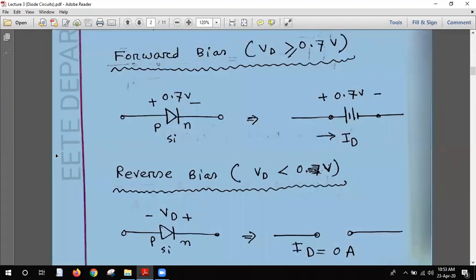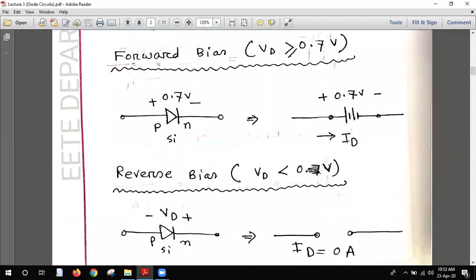So now you can see the forward bias and reverse bias conditions. In forward bias, the voltage will be greater than or equal to 0.7 volt, and P is connected positive and N is connected negative. Always remember, this triangle is P and this vertical line is N. When the positive terminal is P and the negative terminal is N, it is forward biased.